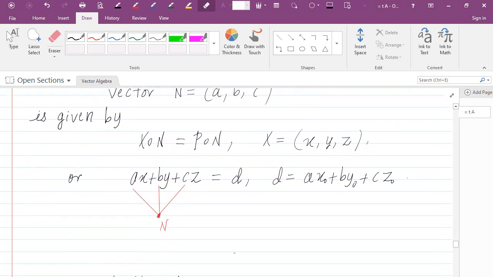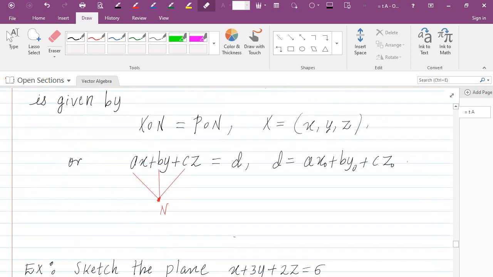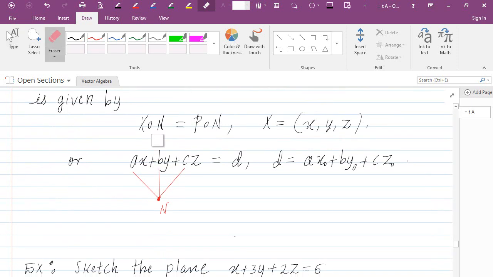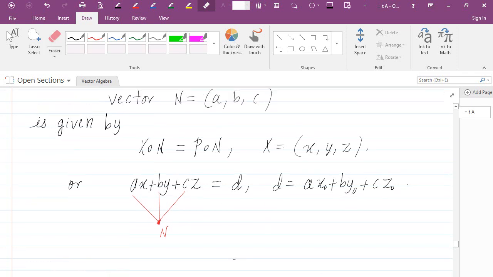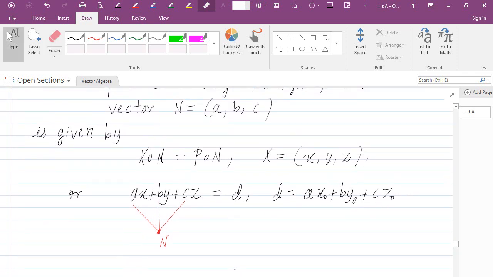This can be written as ax plus by plus cz is equal to d, where d is ax naught plus by naught plus cz naught. One thing you need to realize is that the coefficients of x, y, z here are the components of the normal vector n for the plane.